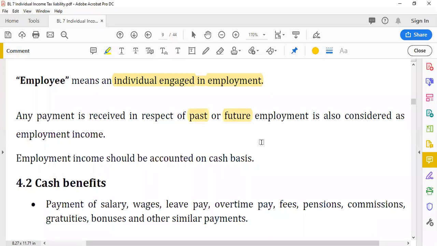Can you give an example? A person is getting some benefits from his previous office. He is no longer an employee, but he is getting some benefits due to past employment. What type of benefits can he get? Can you give some example of past employment?